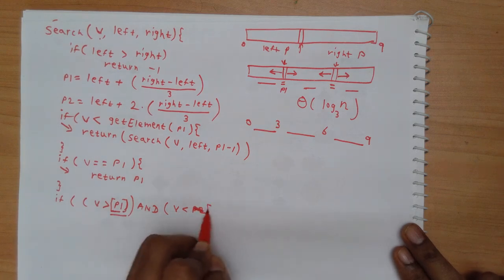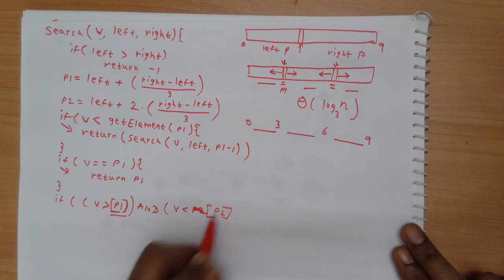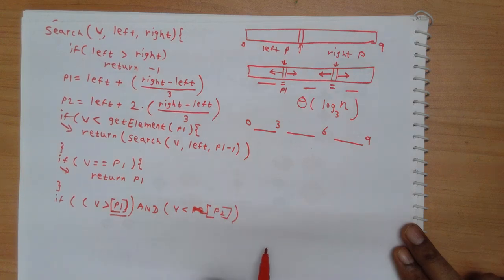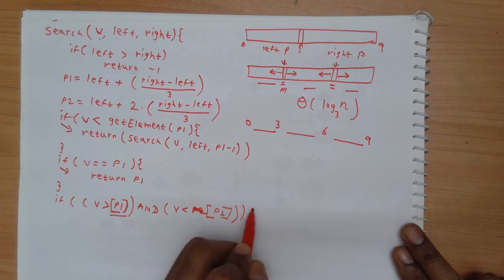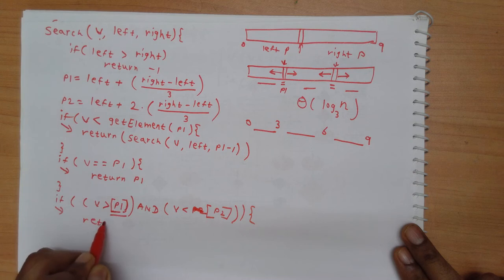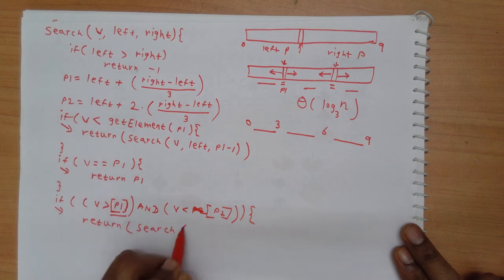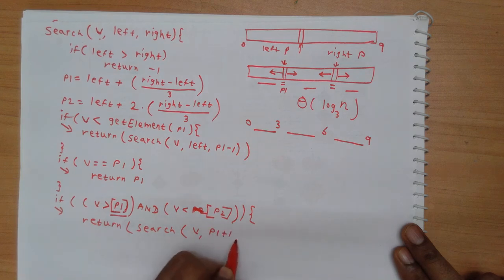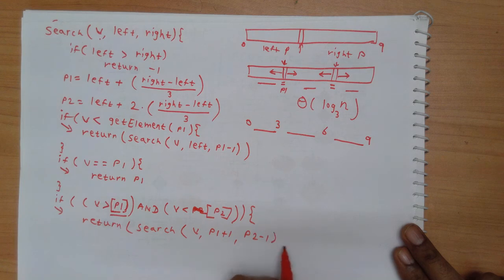So we'll say p2. If that's the case, then what should I do? In that case, I should return the result of searching value v in the range p1 plus 1 and p2 minus 1.